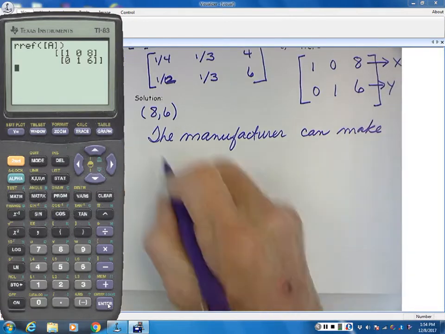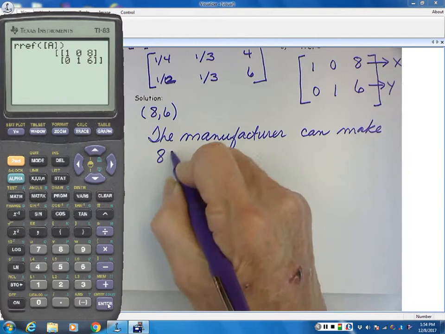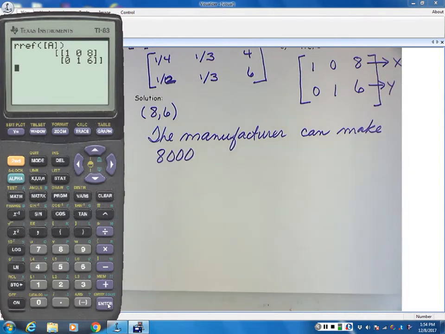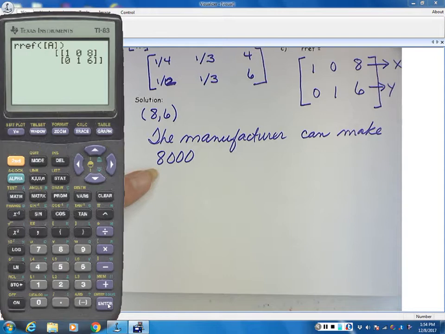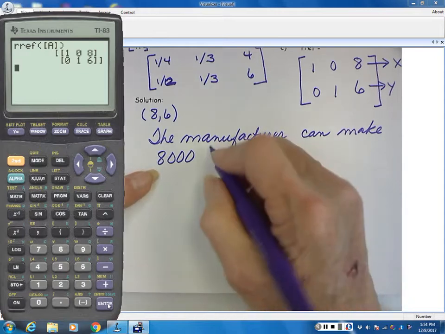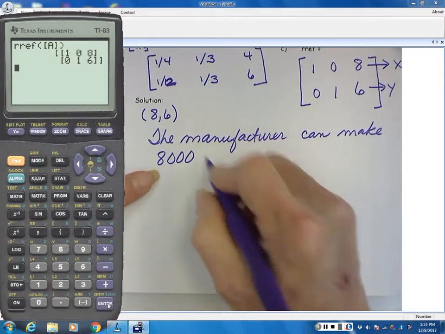Manufacturer can make 8,000, okay, because remember it's coming up in thousands. So they can make 8,000 of the standard.